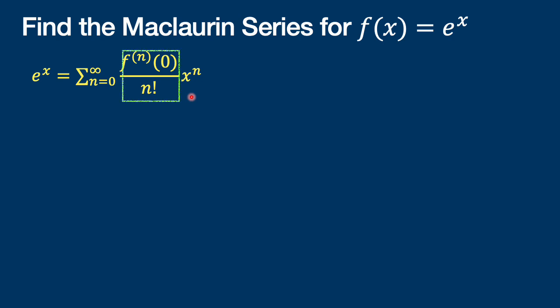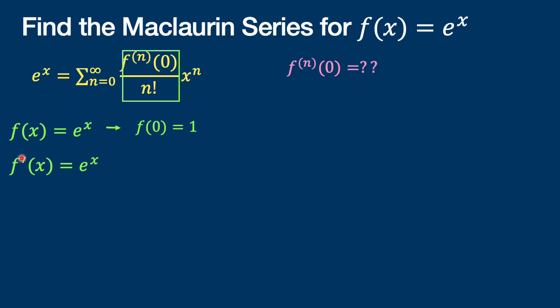So we have to find f^(n)(0), which means we have to take the derivatives of f(x) first. f(x) is e^x. When you plug in the center 0, f(0) is 1, since e to the 0 is 1. Taking the first derivative, f prime of x is e^x, so the first derivative at 0 is also 1.